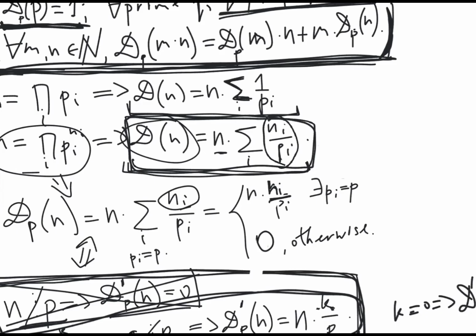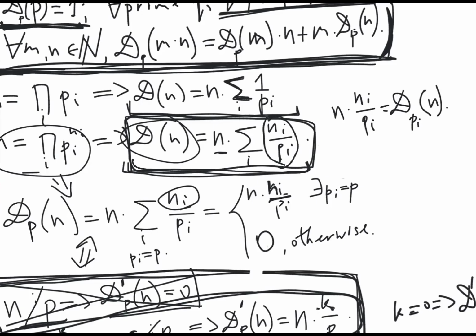So notice that n multiplied by ki over pi is simply the partial derivative by the prime number pi of the original number n, right?